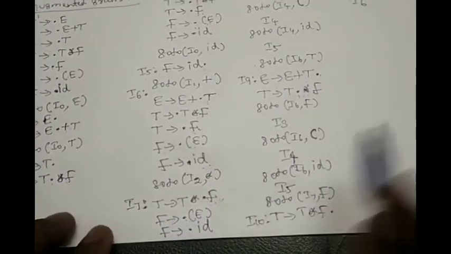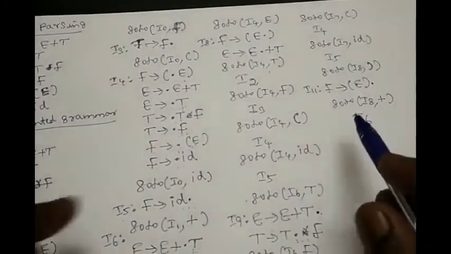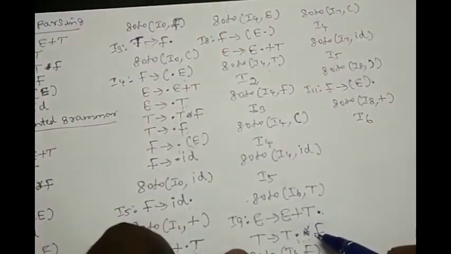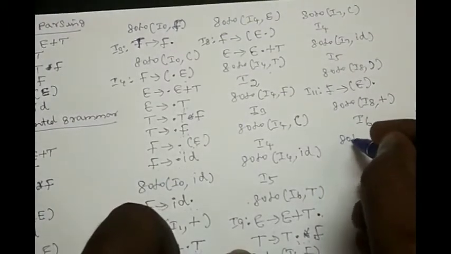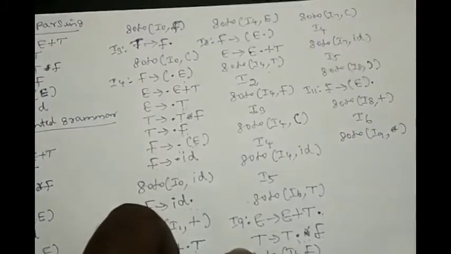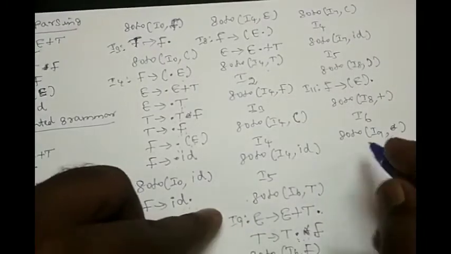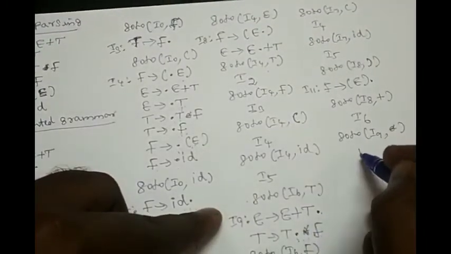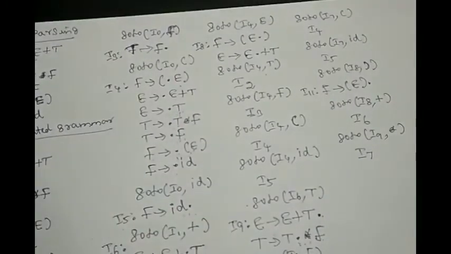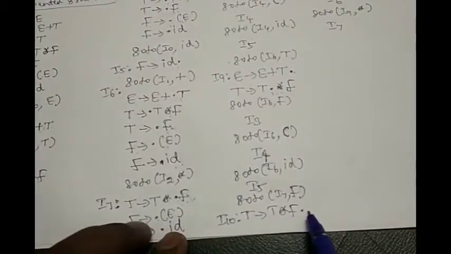So I can rewrite this: goto of item set 9 comma star. When I process the star, I will get I7 here. It is actually getting repeated again and again. So item set 9 has been done now.